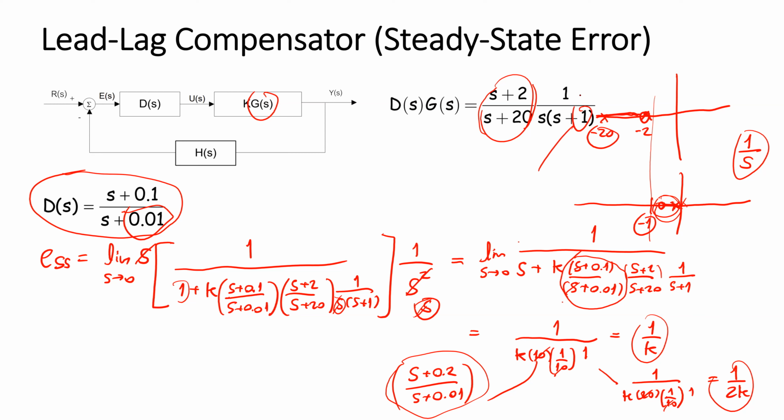For the lag compensator, 0.1 is also 10 times smaller than the dominant pole, -1. It seems like for the lead, we play with the thing that is far to the left-hand side, but for the lag, we play with the thing that is close to the imaginary axis.